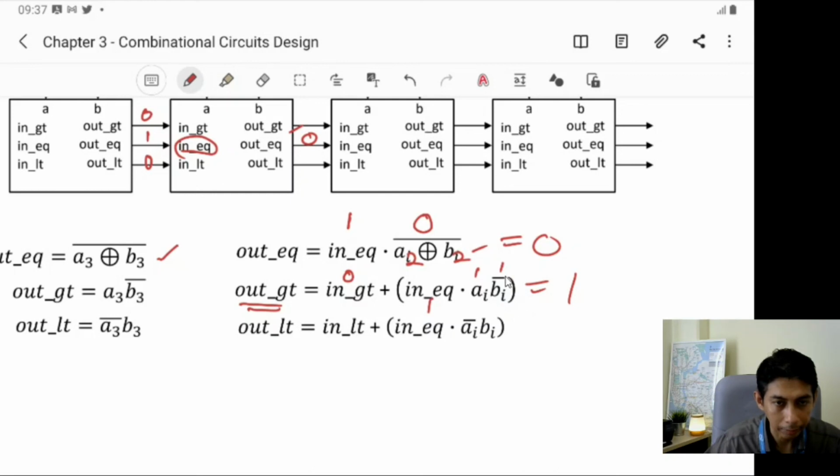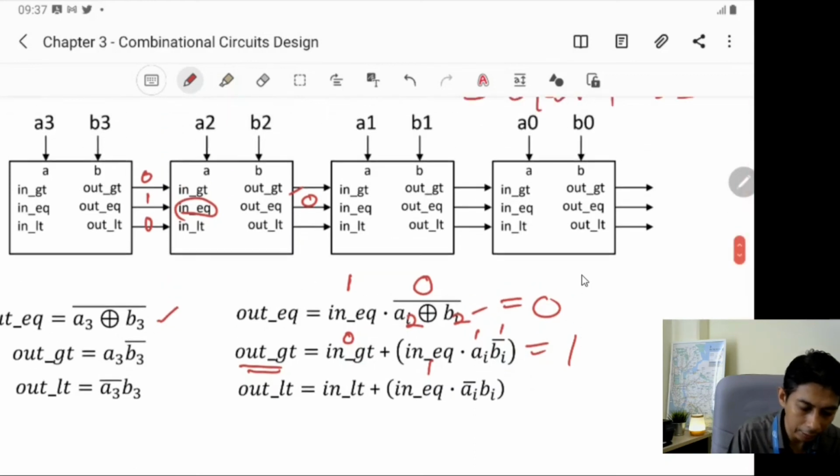And look at this, A equal to 1, but B equal to 0, but this is B bar, so we have 1. With this 1, 1, 1, we always have 1, right? So in this case, we have this equal to 1.